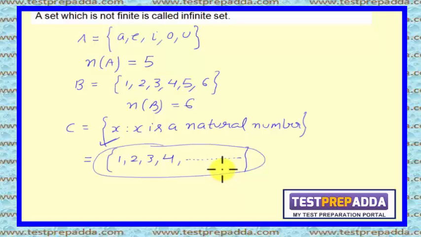For example, real numbers cannot be written in roster form because the elements do not follow any particular pattern. Natural numbers you can write 1, 2, 3, 4, but for real numbers, many numbers are there between 1 and 2, so we cannot write all those numbers. So it is not possible to write the set of real numbers in the roster form. We write that in set builder form.